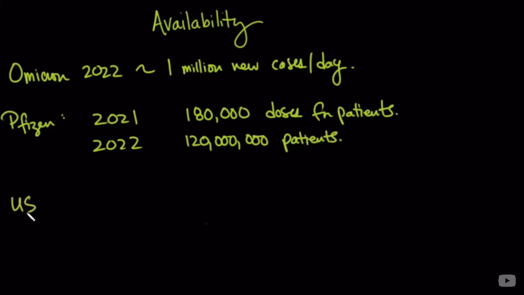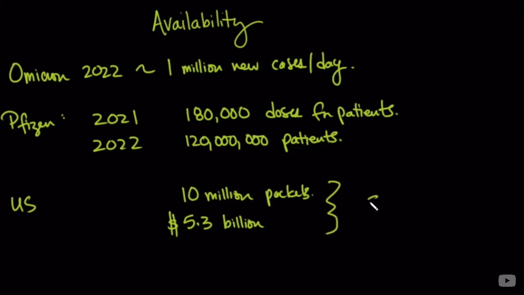The United States government has already purchased 10 million packets at a cost of $5.3 billion. And if you do the math, you'll see that it costs about $530 per packet. So you can see that the science shows that this medication can be very effective in the population that we're most concerned about in terms of hospitalization.